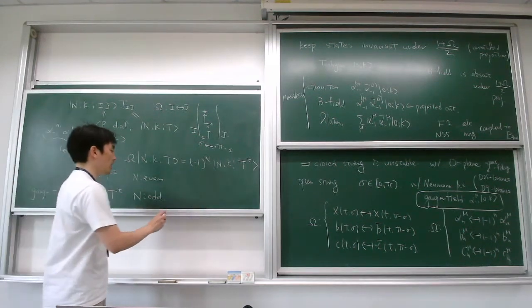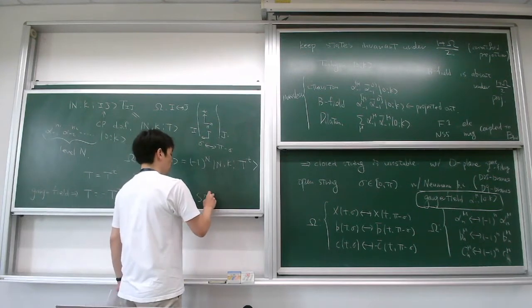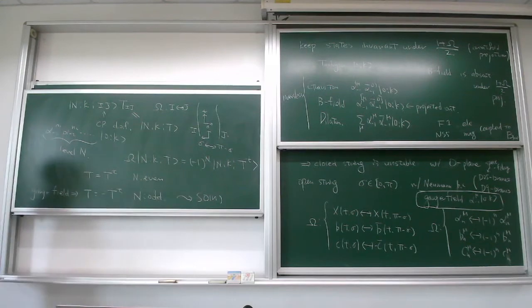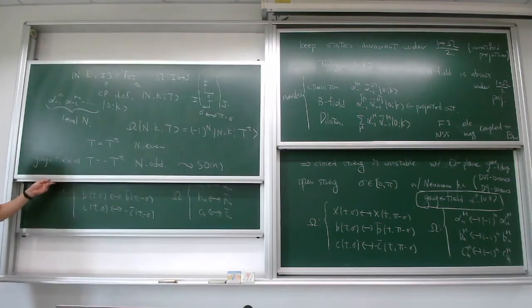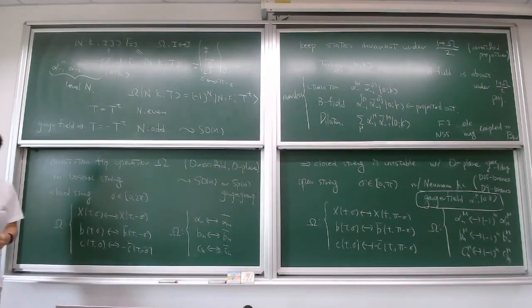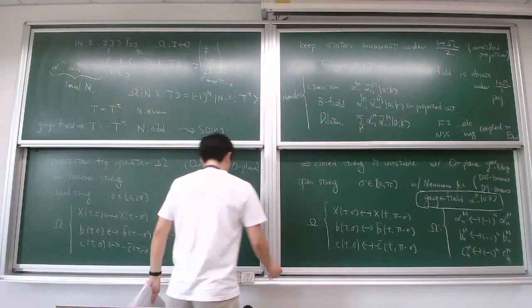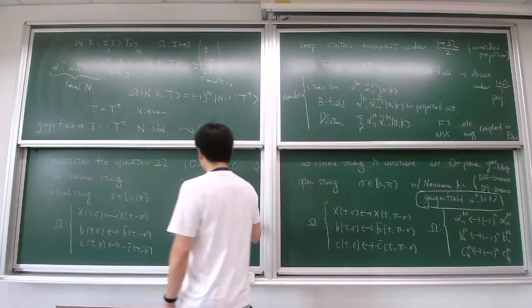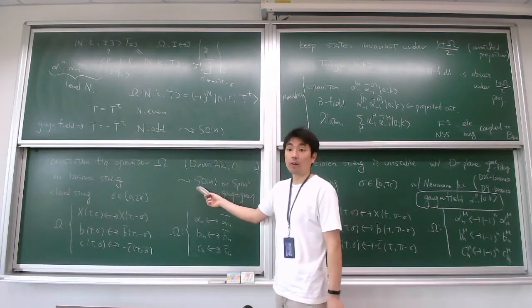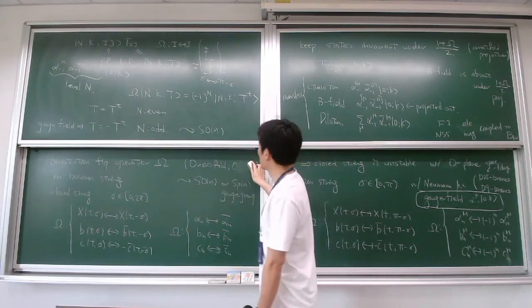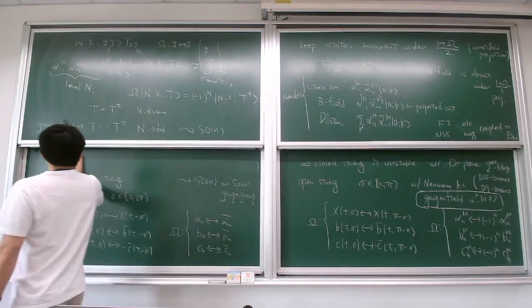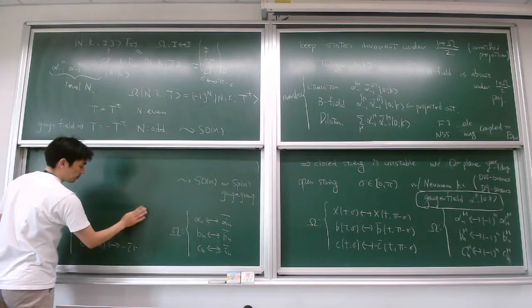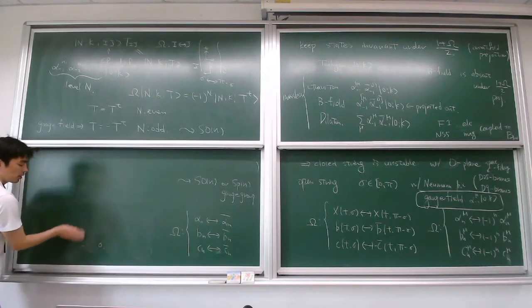This will give rise to the SO(N) algebra. This is how you obtain it: with the orientifold, you get SO(N). So what about SP(N)? Of course, that's a natural question one can consider.